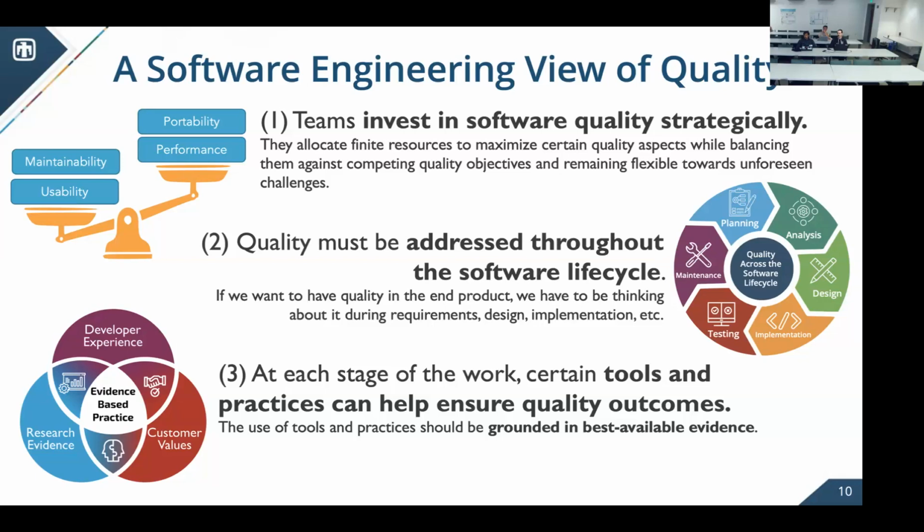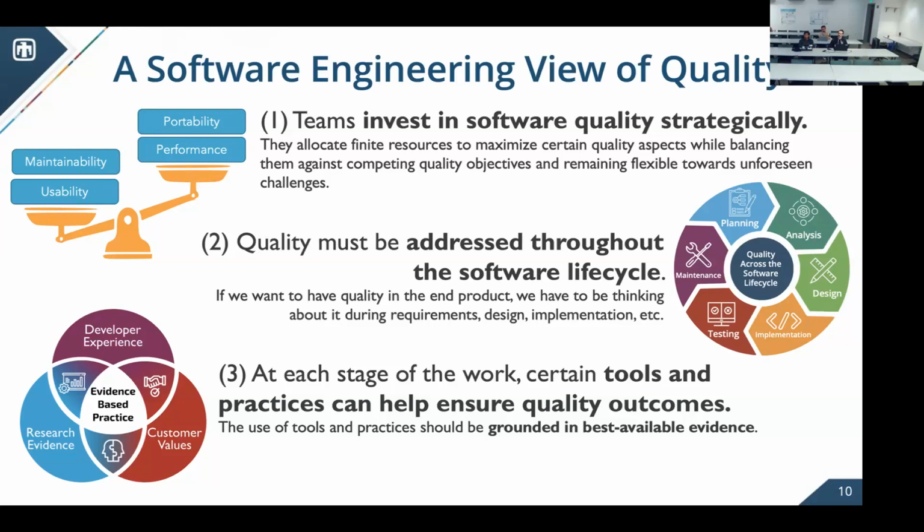The next part is that quality is something that we can and should address throughout the software lifecycle, right? So if we want to have quality in our end product, we have to be thinking about it during requirements, during design, during implementation. Reproducibility is no exception. And that's the view we're going to be taking today. And then finally, based on that, what we're saying is that at each stage of that work, there may be practices, processes, tools, approaches that could help us achieve those quality objectives.